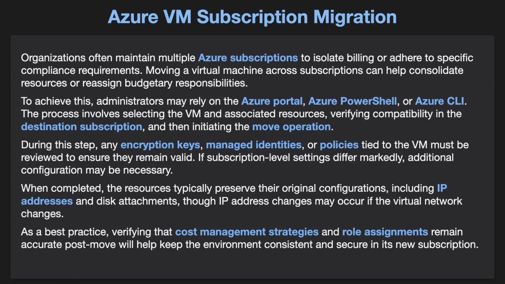The process involves selecting the VM and associated resources, verifying compatibility in the destination subscription, and then initiating the move operation. During this step, any encryption keys, managed identities, or policies tied to the VM must be reviewed to ensure they remain valid. If subscription level settings differ markedly, additional configuration may be necessary.